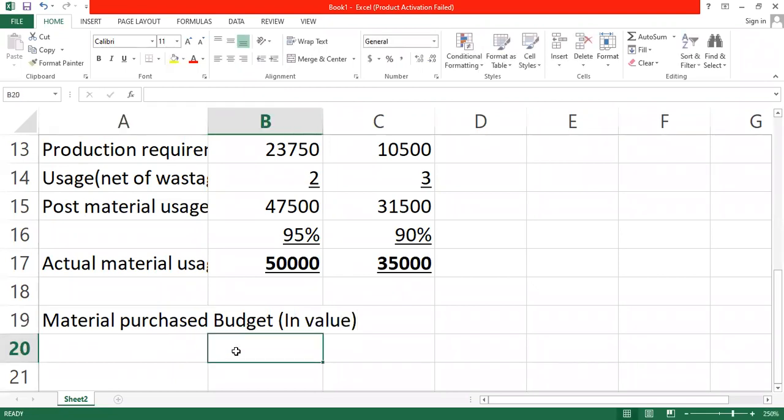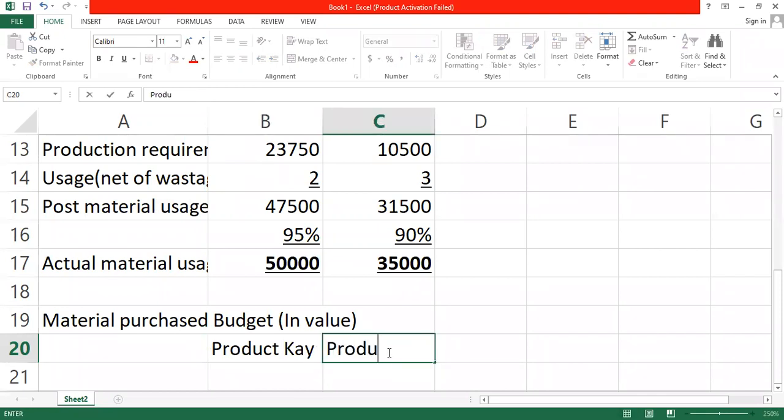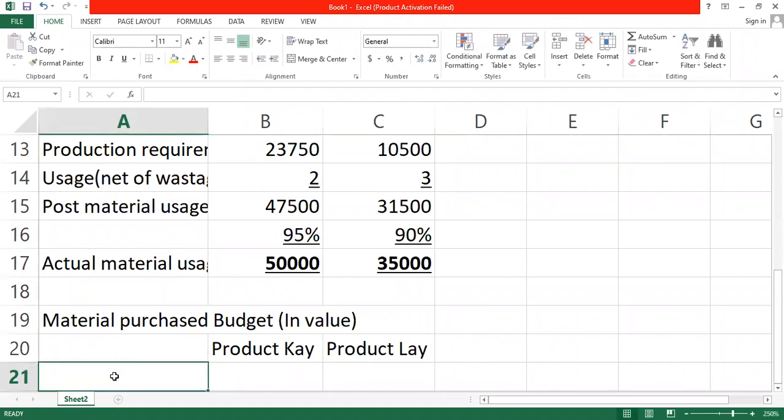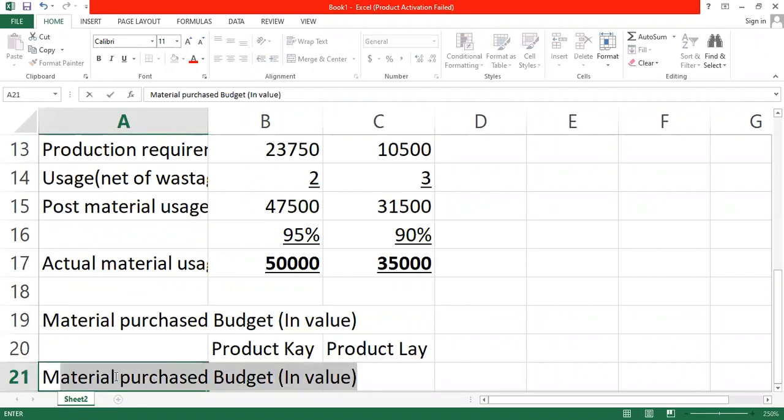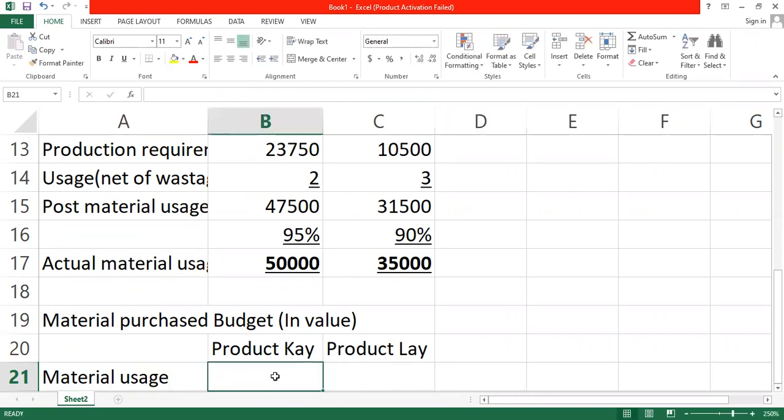Let's do it for product K and product B. So what is the material usage requirement for product K? 50,000, and this is 35,000, isn't it?